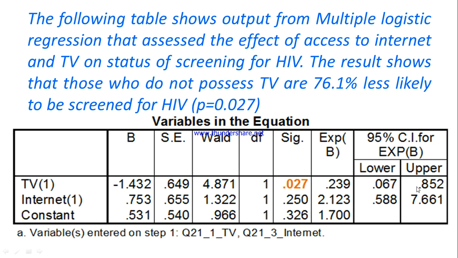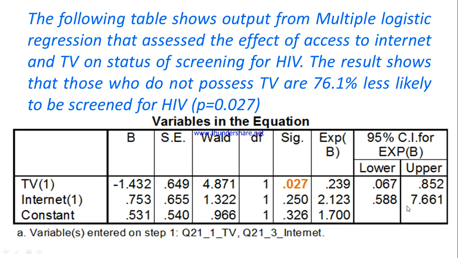Therefore, this rejects the null hypothesis. What about the internet? Internet, the beta value is positive. However, if you look at the p-value, it is 0.2, which is big, and the confidence interval also includes 1. Then access to internet does not predict willingness to be tested for HIV/AIDS.